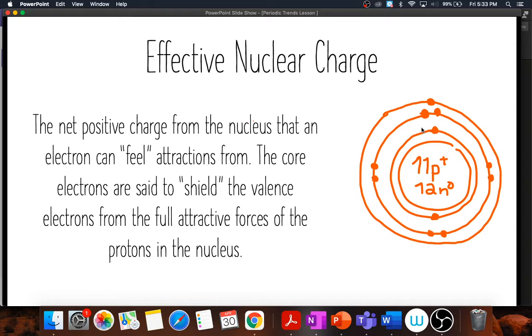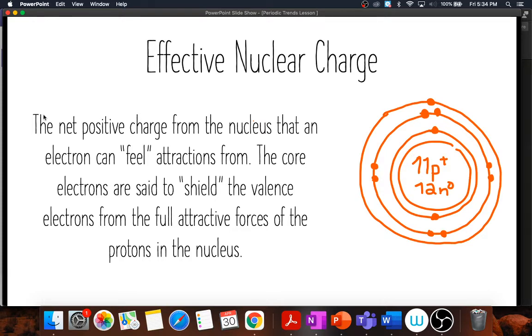It's kind of like if you were at a concert, right? The people sitting in the front row will have a stronger connection to the people on stage, whereas if you're sitting way at the back, all of the people in between you and the person on the stage are kind of getting in the way, right? So the effective nuclear charge is the attraction that the valence electron can feel after all of the shielding that takes place.